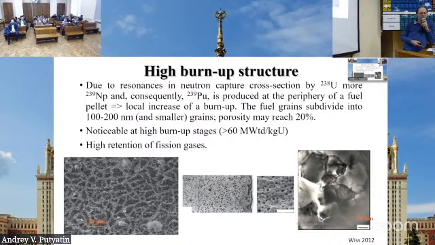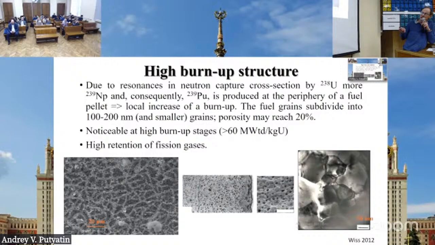Finally, we produce more plutonium at the very edge, at the periphery of the fuel pellet. And this leads to very high temperature release, thermal power release at the external part of the fuel pellet.